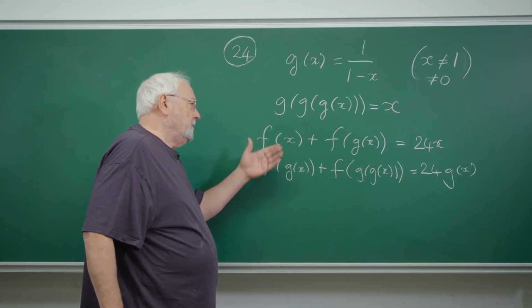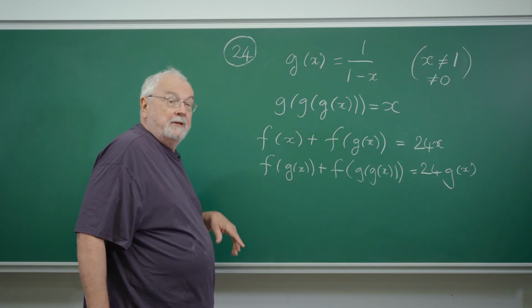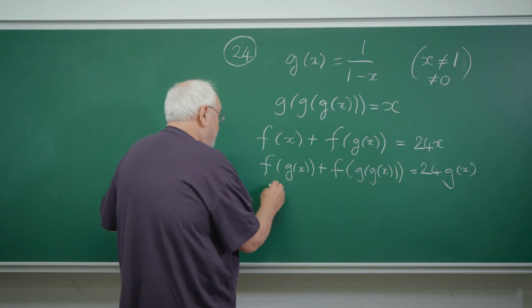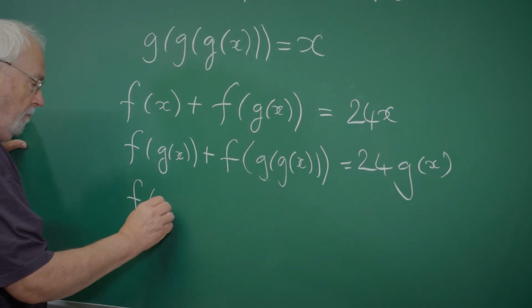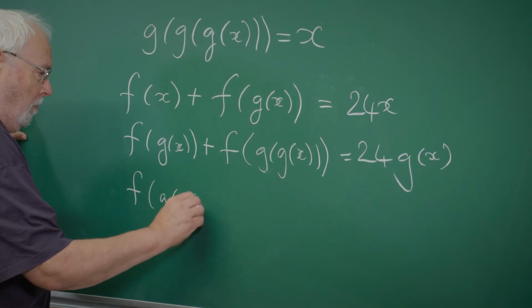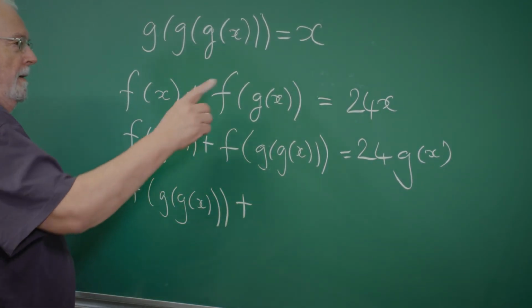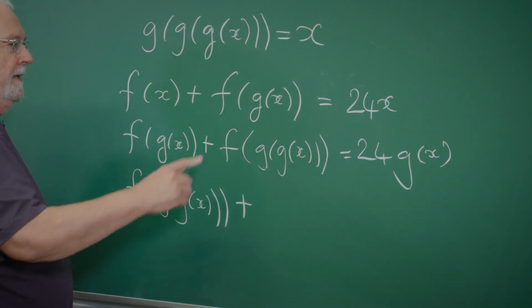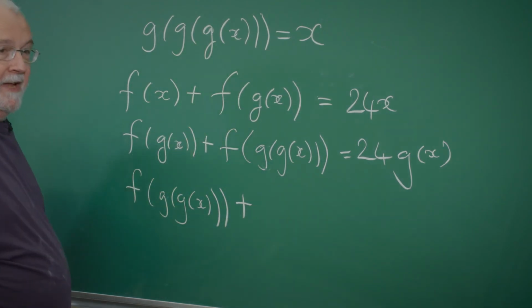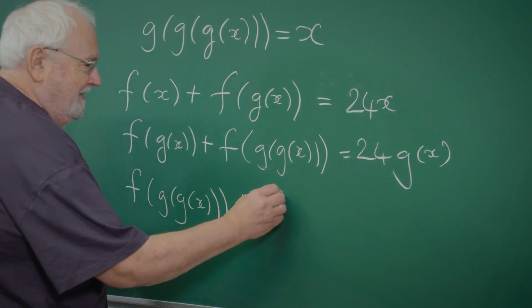Finally, take the first equation and replace x by g of g of x. And what we've got here is f of g of g of g of x, so that's just f of x.